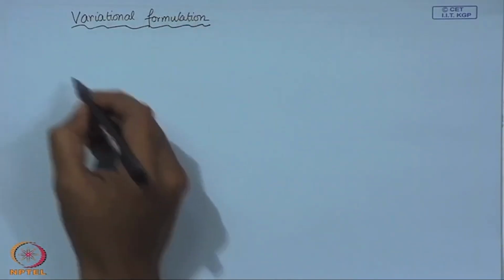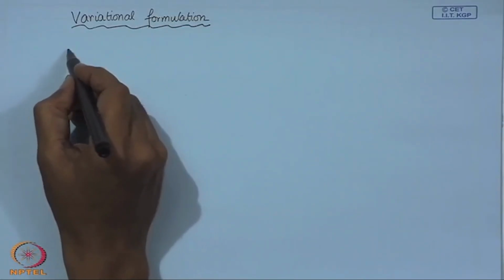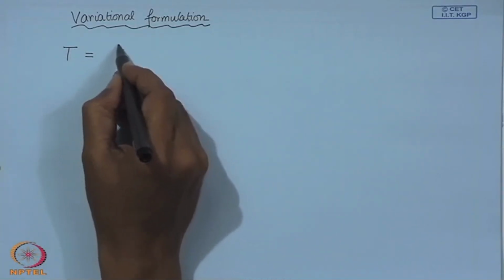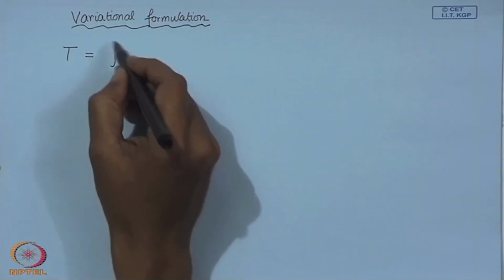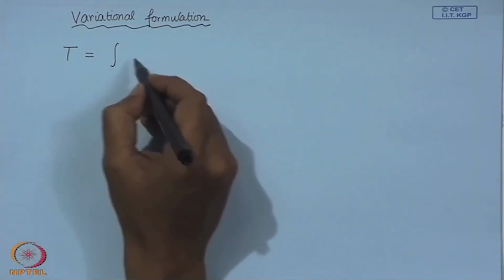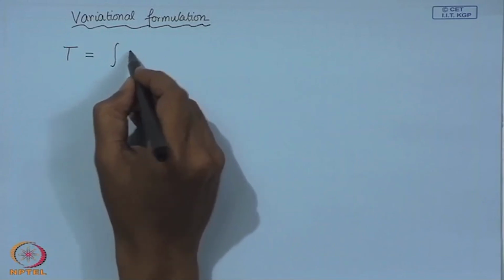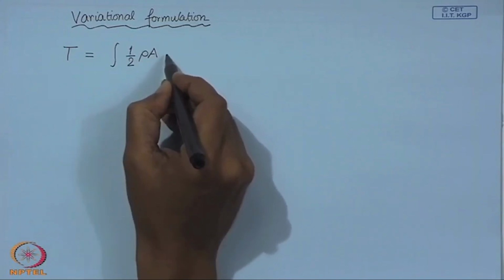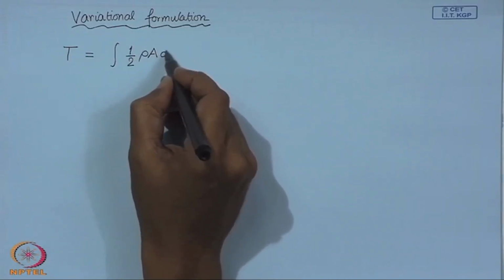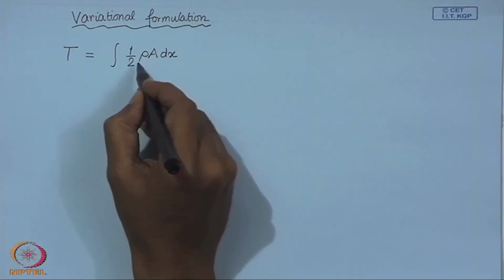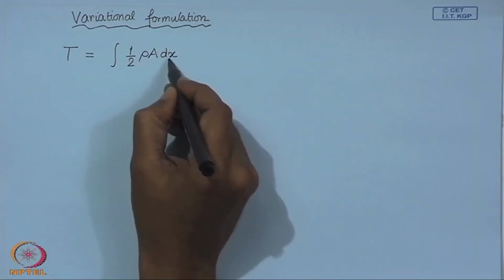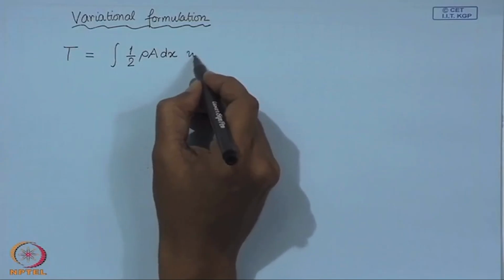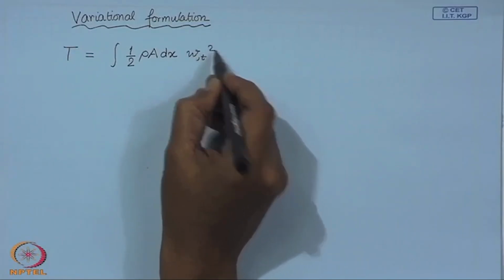Now, the first thing that we do in this variational formulation is write down the kinetic and potential energy expressions. So, the kinetic energy of the beam can be written as the translational kinetic energy, so rho A is the mass per unit length, into dx will give us the mass of a little element, times the velocity squared, and half.